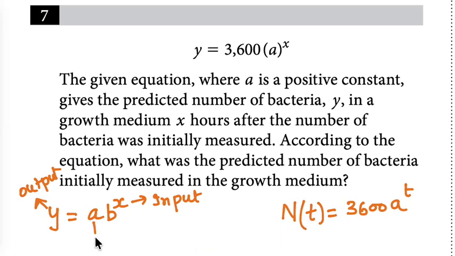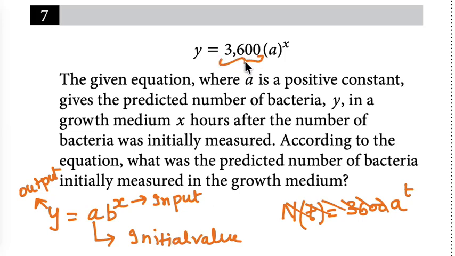And in this, a is the initial value, right? You can ignore this part. I just try to tell every possible way we can write or understand. So this is the initial value, and the initial value is what the original number was when you started the experiment. Now this equation is showing me that this 3600 is the original number.